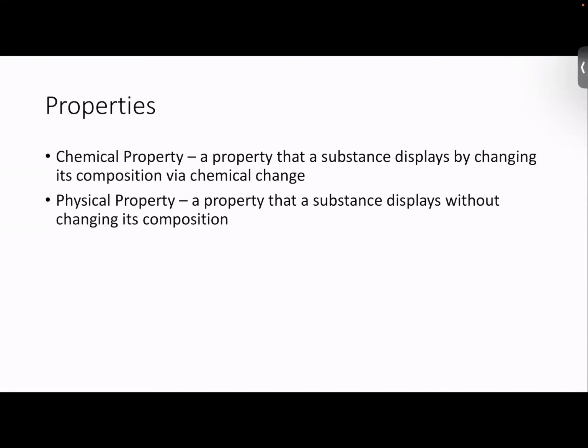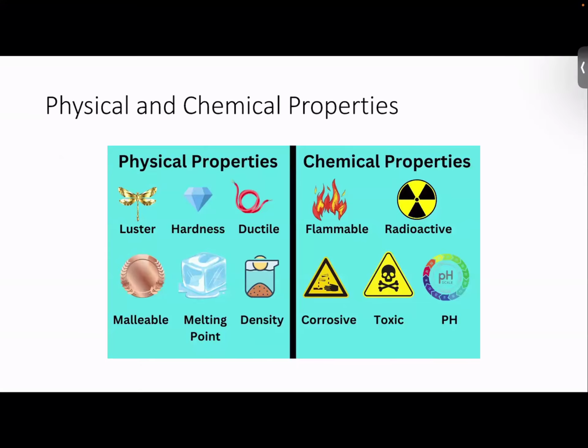So physical properties and chemical properties. A physical property would be luster. How shiny is it? I can describe whether it's shiny or dull without ever altering what it is. I can identify its hardness. The hardness of a diamond can be identified without altering the identity.